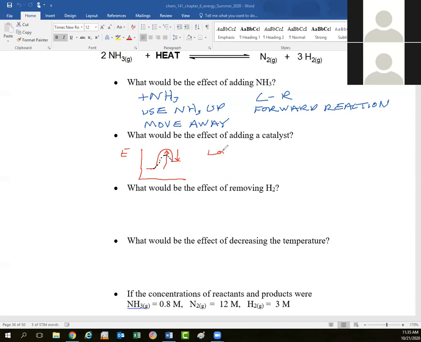So lowering the energy of activation, EA, but it does so for both reactions. So neither reaction gets the upper hand. Equilibrium is unchanged by the addition of a catalyst.